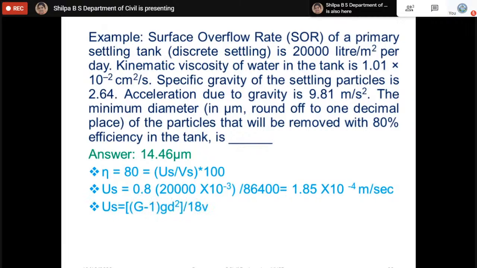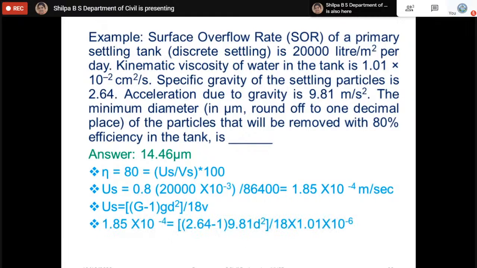Also, according to Stokes' law, we can write Vs equals (G minus 1) into g d square by 18 nu, where G corresponds to the specific gravity of the solid and d is the diameter of the particle. We know all this.